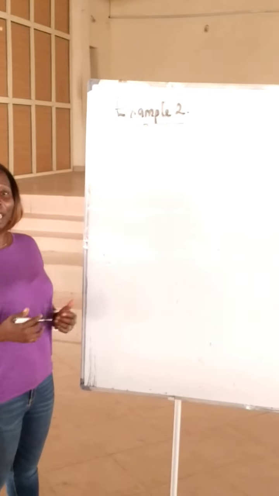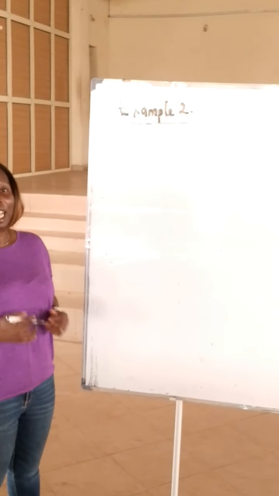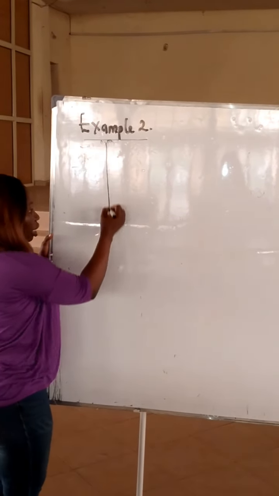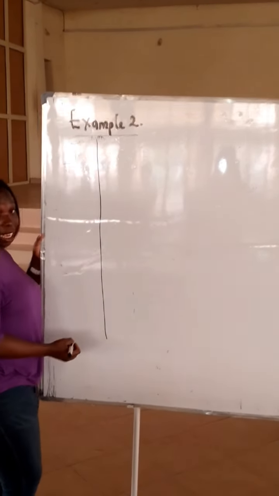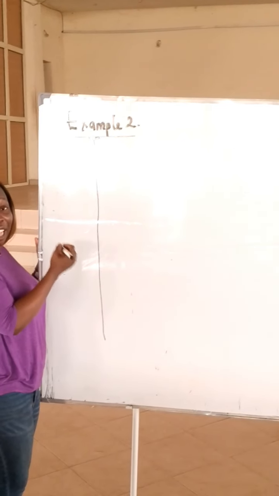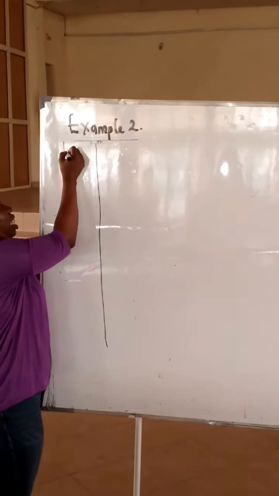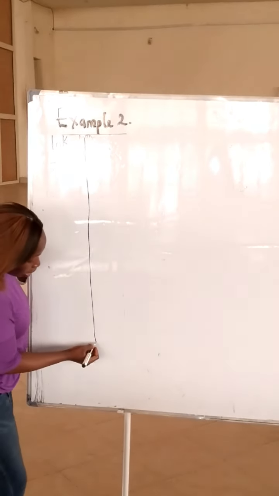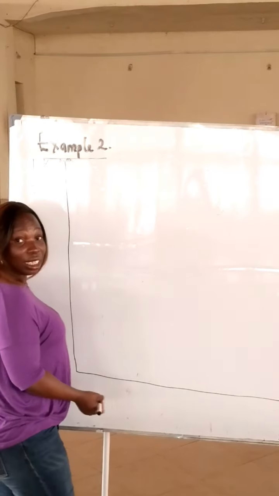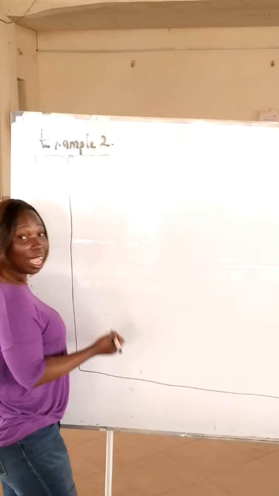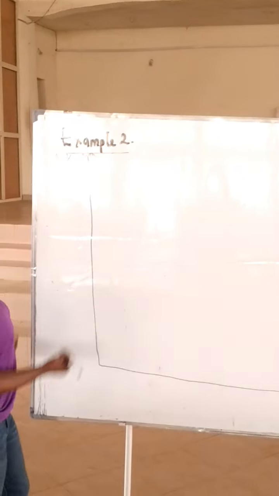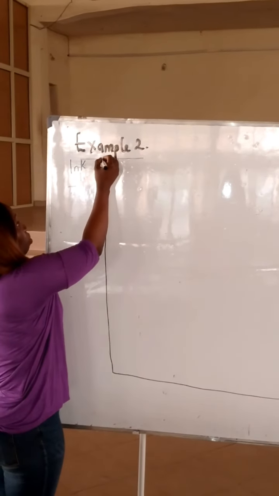Plot a graph so that we can be able to determine the activation energy of the question. To plot a graph, take a straight line. The vertical line indicates the y-axis, and according to the equation, the vertical line, which is the y-axis, is represented as ln k. Then the horizontal line is the x-axis, and according to the equation, the horizontal line is 1 over T. So here will become our 0.